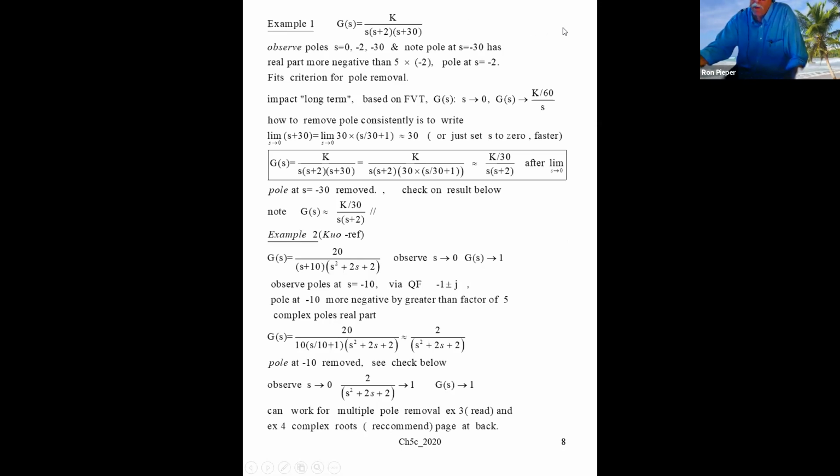Therefore, the one with the -30 can be thrown away. And therefore, looking at the picture here, we can approximate the one with the s plus 30, just throw a 30 in there, and so that becomes k over 30 over s plus 2. So the pole at -30 is removed. And here's the final result. It's approximate, but it's consistent with the dominant pole theory. Any question on that?